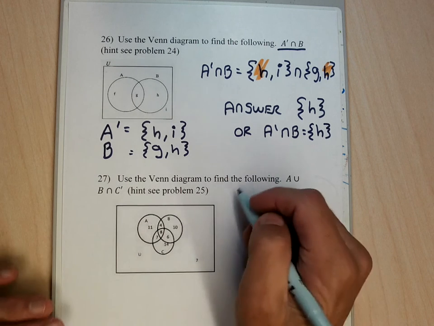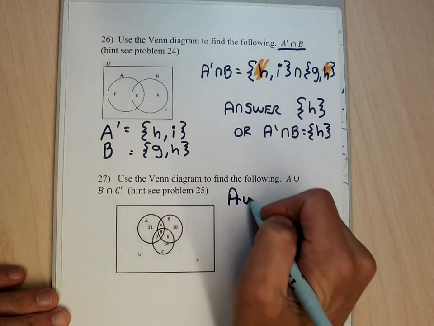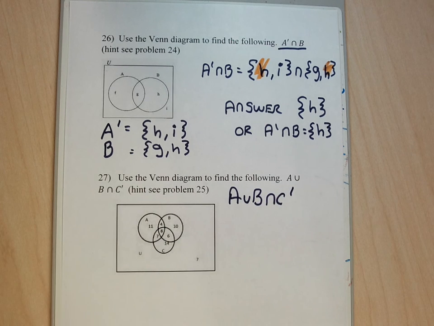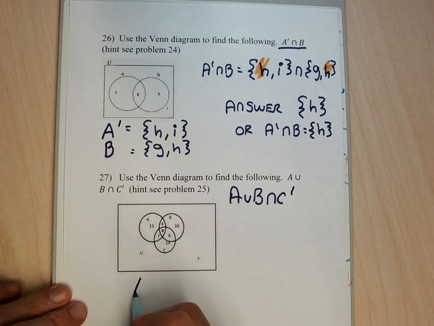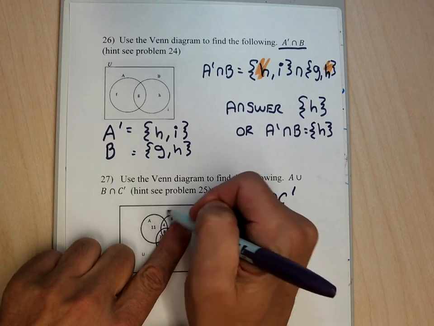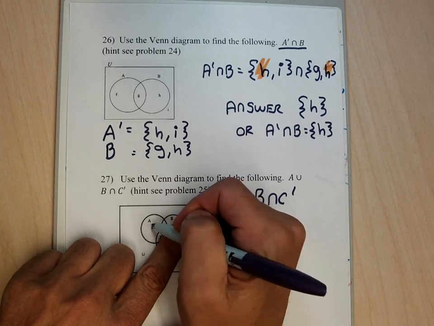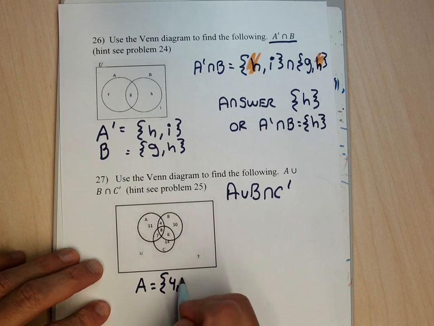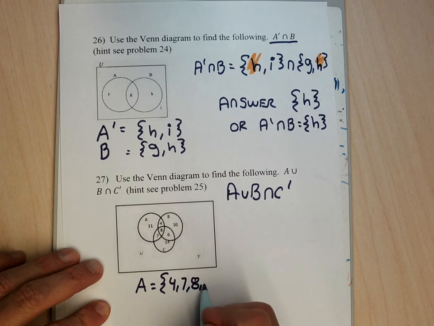Problem 27 wants me to do A union B intersection C complement for this diagram. So let me find out what these three sets are. First thing I'm going to do is find out the set for A, and A is going to be the four numbers in the A circle here, which is 4, 7, 8, and 11. So set A represents the set containing the numbers 4, 7, 8, and 11.